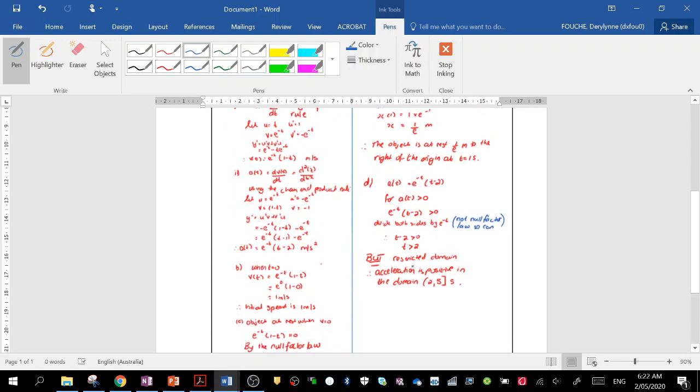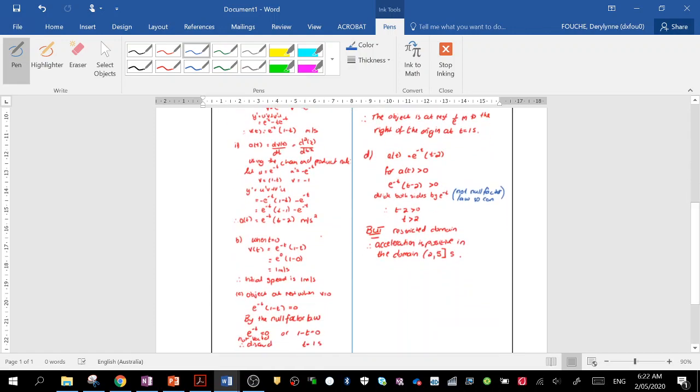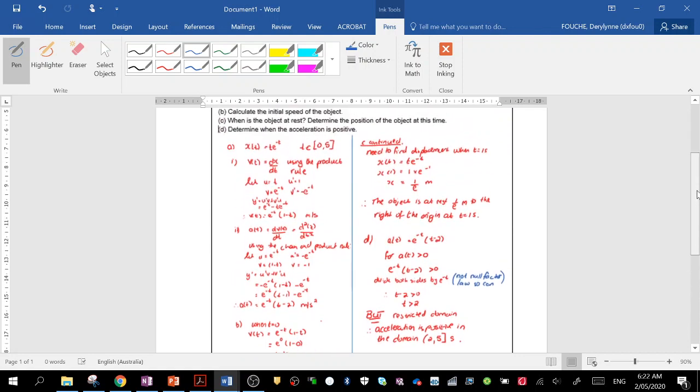Its speed we're looking for when its time is 0. So we've worked out our velocity equation, and we're going to be substituting t equals 0 in there. So when time is 0, it is going at 1 meters per second.